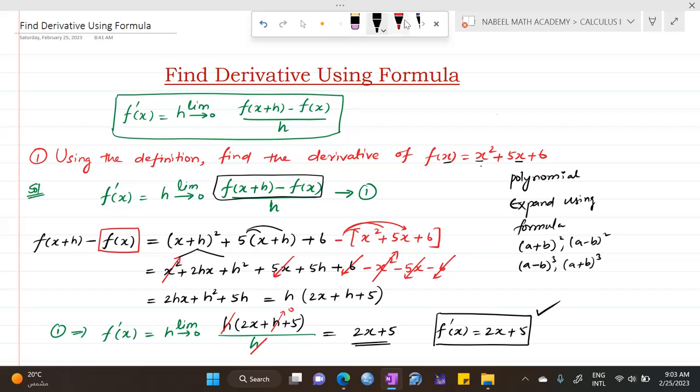You have to use all these formulas to expand this part.